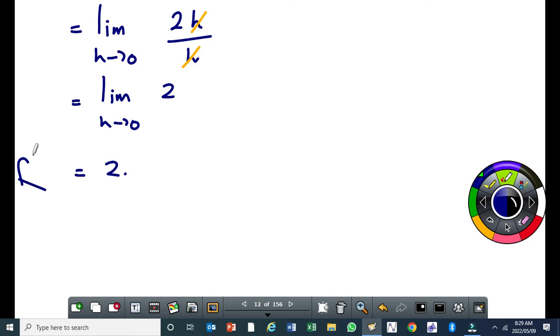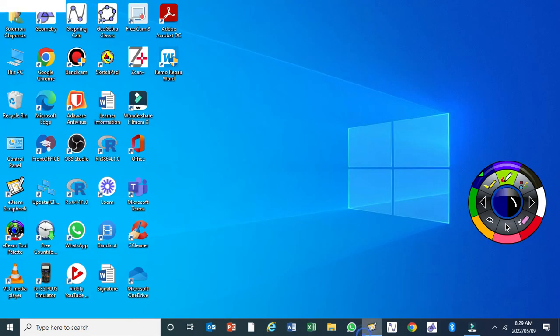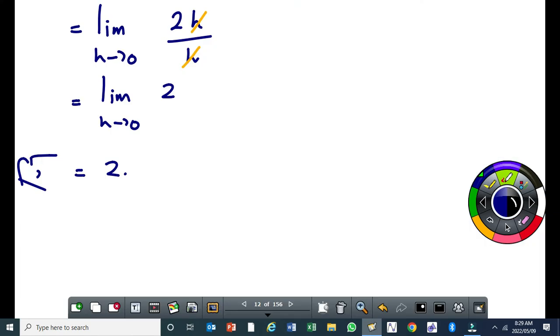So what this means is that f prime of x, it won't allow me to write f prime here, but let me see slowly.